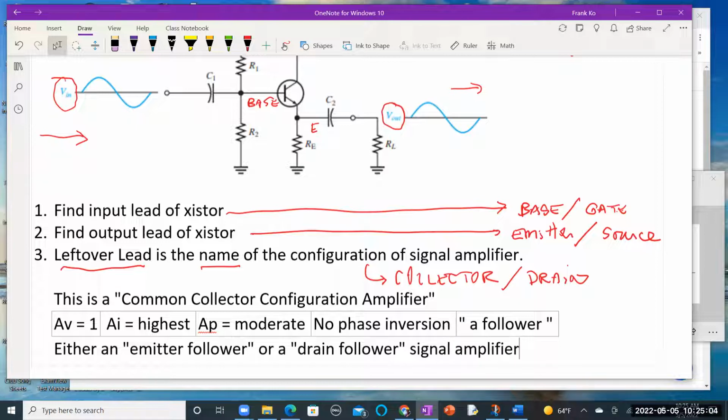Signal amplifier, boom. We'll explain this one in greater detail after I show you one more, okay? Because you need one more to round out the 3 different configurations of signal amplifiers.